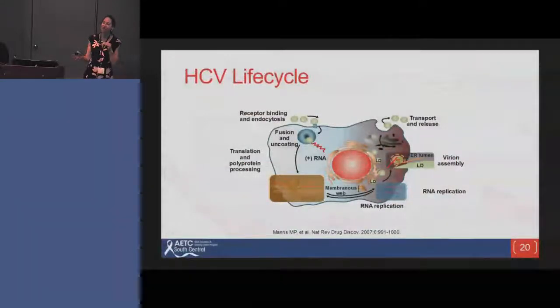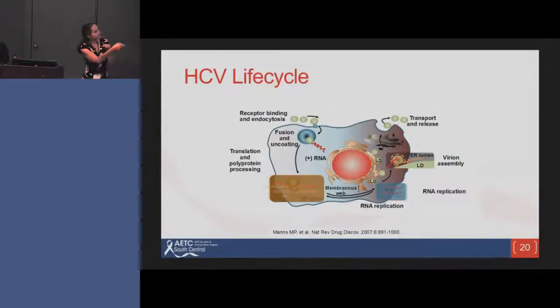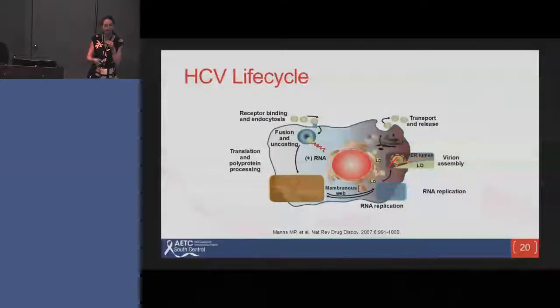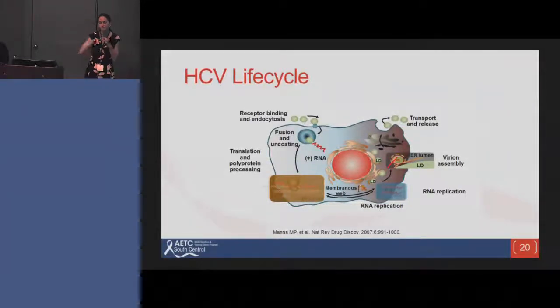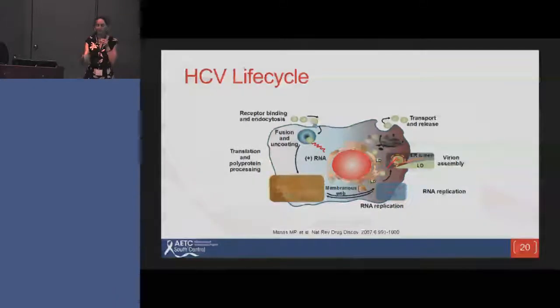So to understand how the direct-acting antivirals work, it's important to understand the hepatitis C life cycle. Hepatitis C, much like HIV, enters a cell through a receptor, although hepatitis C uses at least 4 different receptors to enter. And then it is uncoated, so essentially the capsule of the virus is removed, and it frees up the RNA. Now we have the RNA that can then go to the endoplasmic reticulum, where it's translated into proteins.